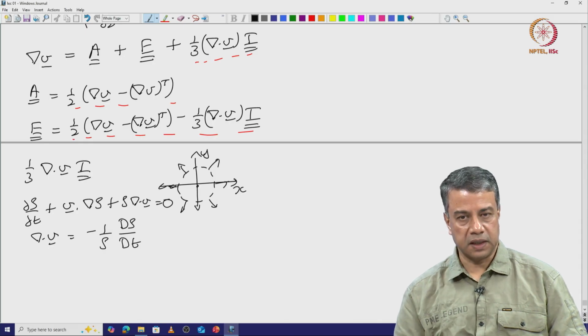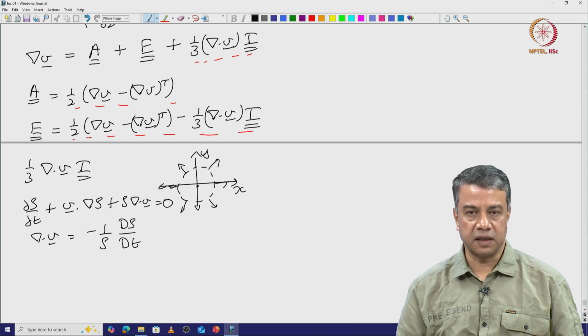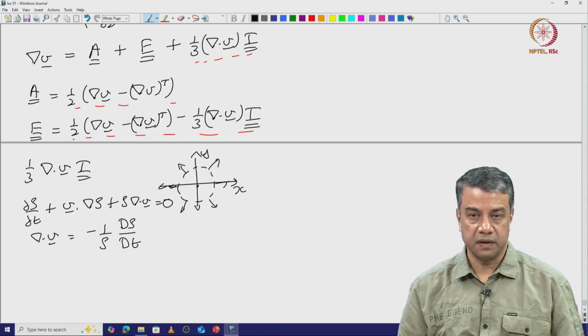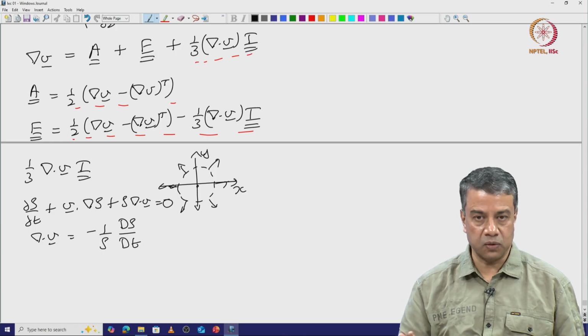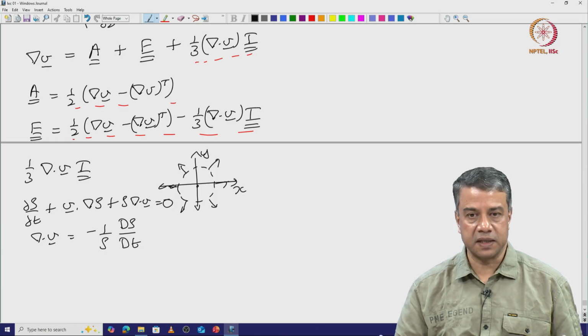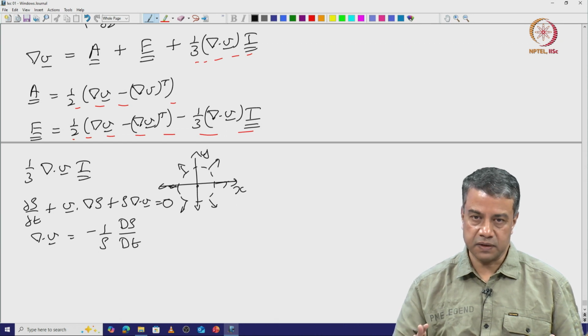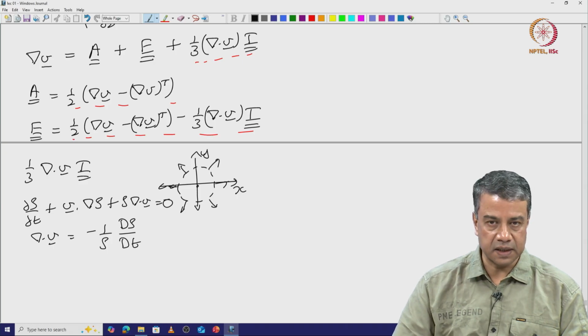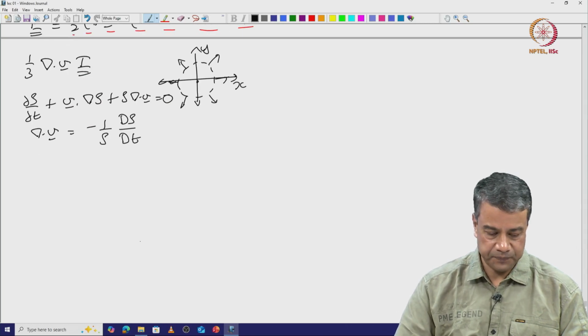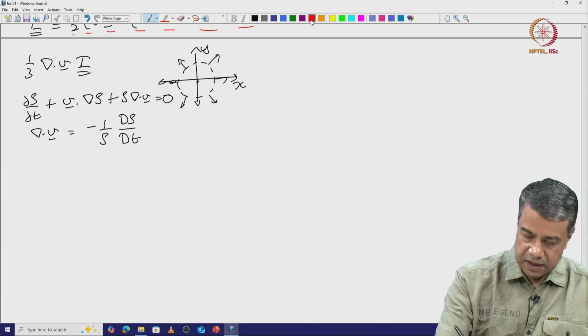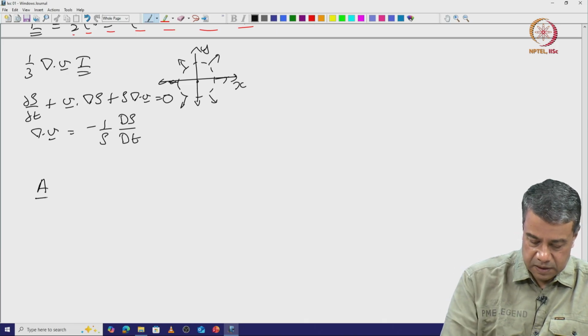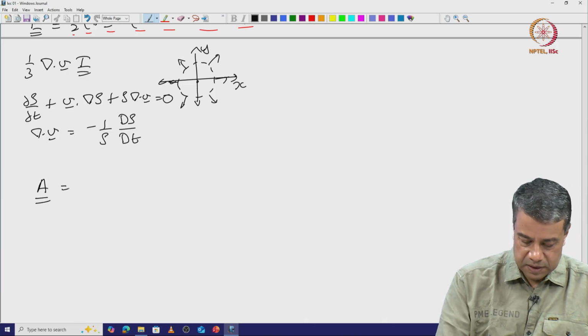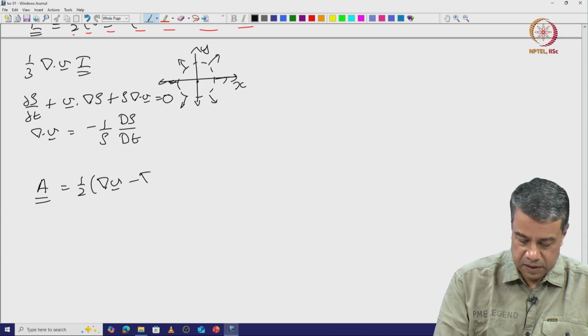Divergence is positive, the density decreases, d rho by dt is negative, because there is volumetric flow outwards, the volume expands, mass is a constant, therefore, the density has to decrease, and vice versa. When del dot v is negative, the density increases. The second part was the antisymmetric tensor, which is 1 by 2 of grad v minus grad v transpose.